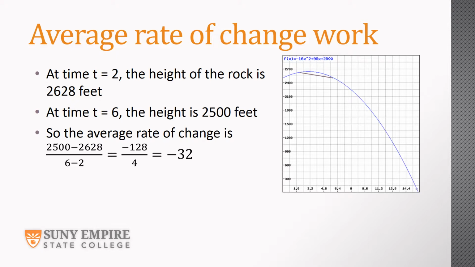This simplifies to negative 32. It turns out that this is exactly the rate of change at time 4 seconds, due to the fact that the function is only quadratic. But what happens if we look at a higher order function?